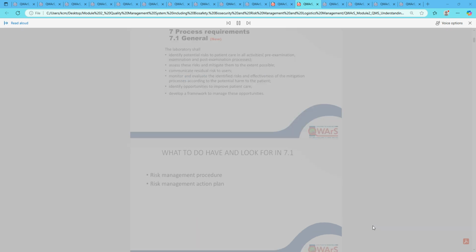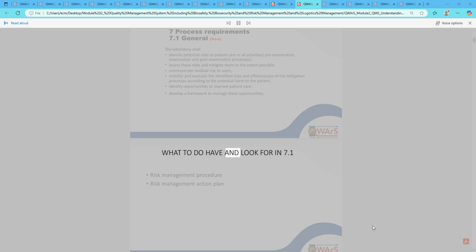7 Process Requirements, 7.1 General, new. The laboratory shall identify potential risks to patient care in all activities, pre-examination, examination, and post-examination processes, assess these risks and mitigate them to the extent possible, communicate residual risk to users, monitor and evaluate the identified risks and effectiveness of the mitigation processes according to the potential harm to the patient, identify opportunities to improve patient care, develop a framework to manage these opportunities.